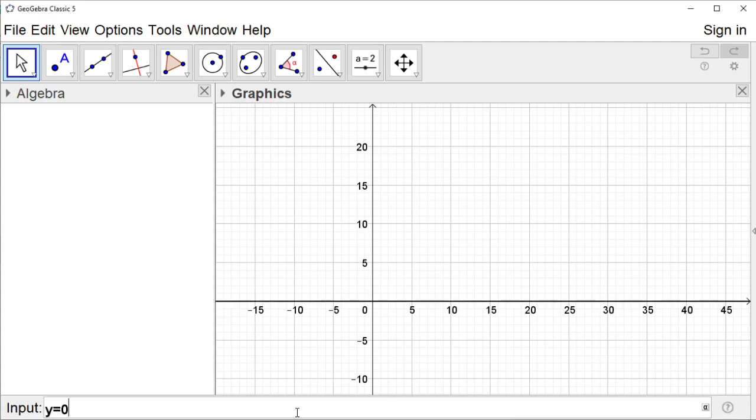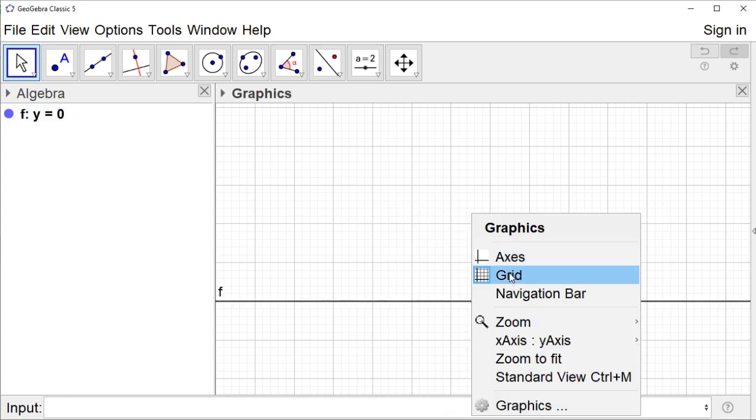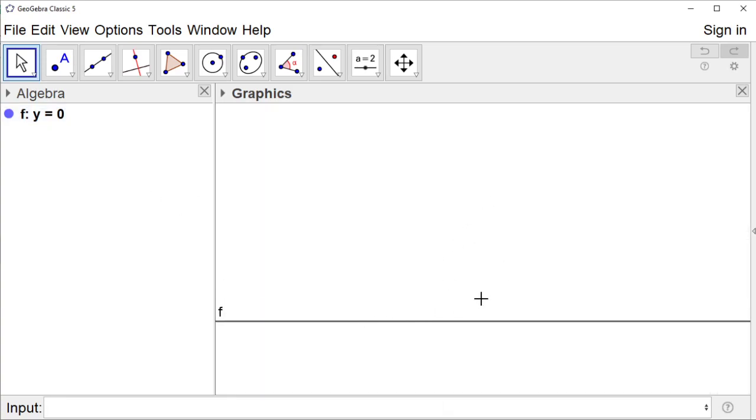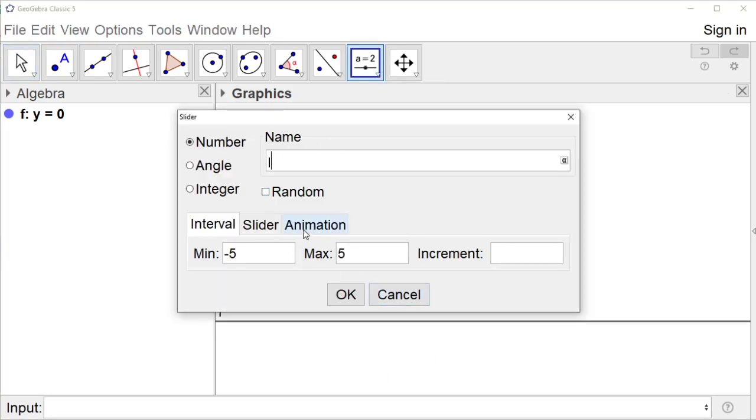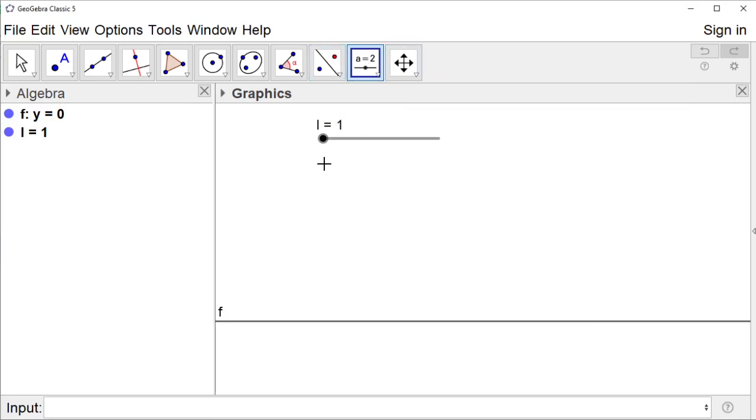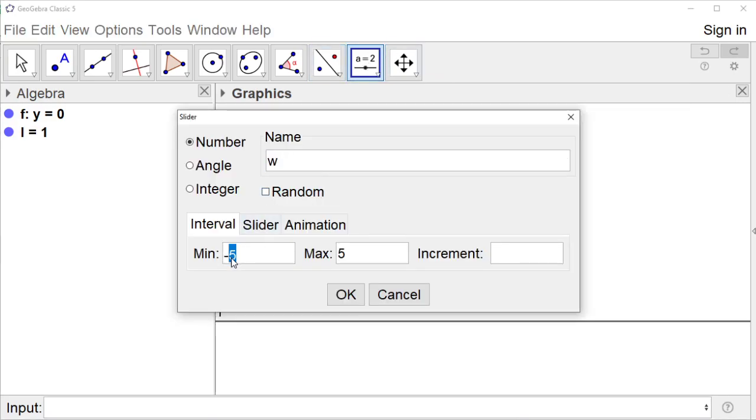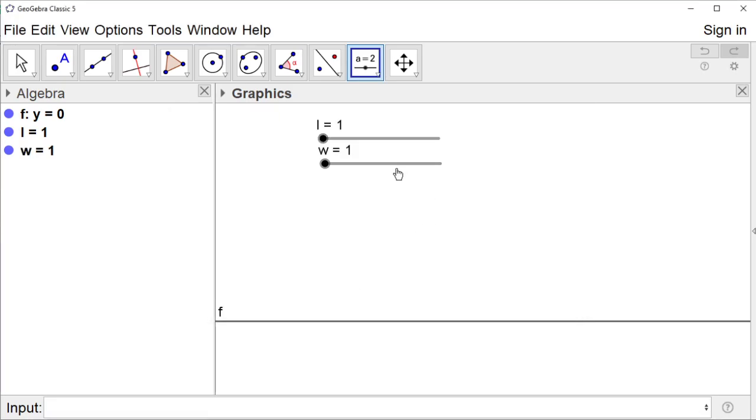Let's imagine that the wall for our item is here. Okay, I'm going to make a slider for length. We know length can be anywhere from 0 to 600, because you could use up all 600 on length. Width could be anywhere from 0 to 300, because you have to have two widths, right?